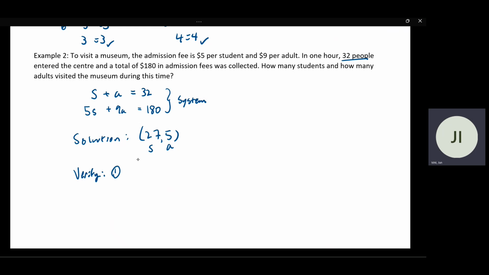The first one, S plus A is 32: 27 plus 5 is 32. This one works. And the second one, 5S, so 5 times 27 plus 9 times 5. Make sure that equals 180.